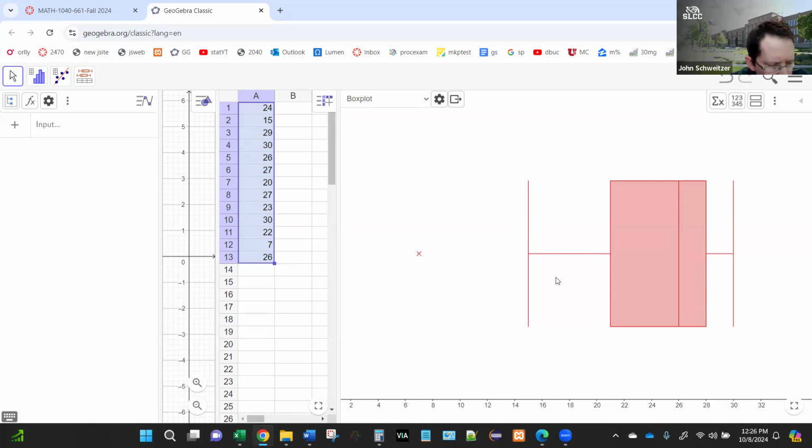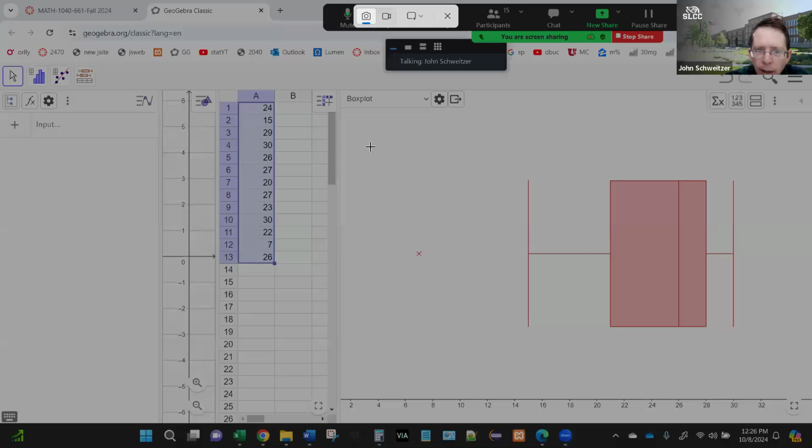I can't remember if it's part 3 or part 4 of the project. Or maybe part 2. I wish I checked before class. But on one of those parts of the project, you'll be working with quantitative data, and I highly recommend for that part of the project to use the box plot. So you can do it right here in GeoGebra. Then you get your snipping tool.